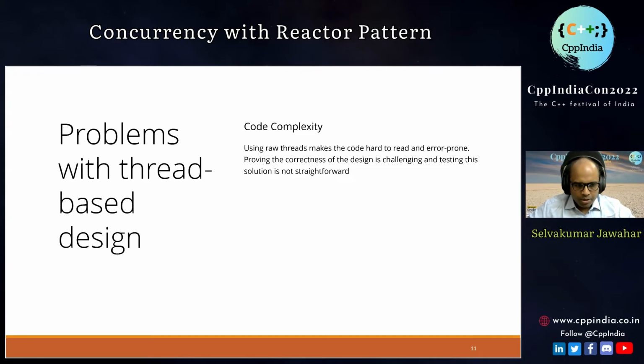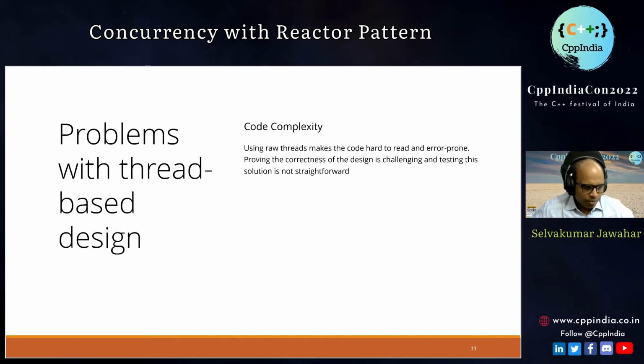The other problem is the challenge of proving the correctness of the design. It's very hard to say that there are no race conditions, and as the code becomes larger, this problem keeps growing bigger and bigger.